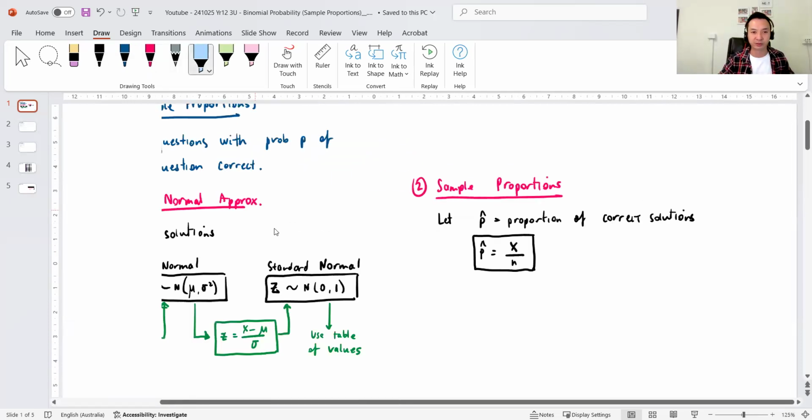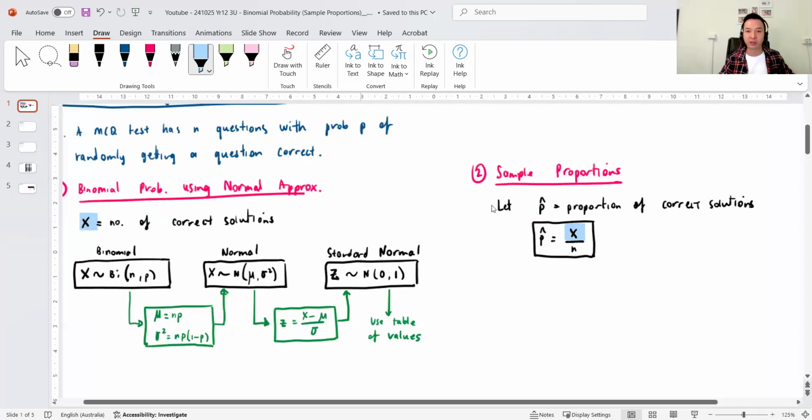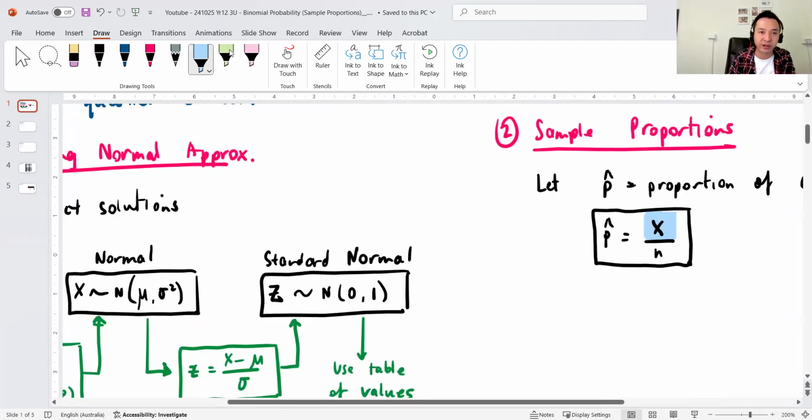I'll zoom out to illustrate that. x is the variable that I started with over here. It's the same variable. So when I do expected value, when I do mu and sigma squared, it's the same for that x. And it's really important for you to identify that the n over here is constant. So when I transform variance later, that constant is important.